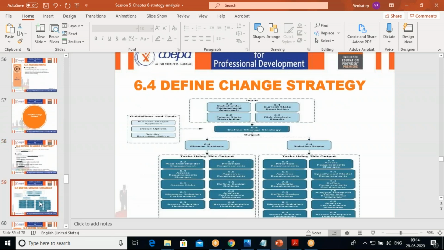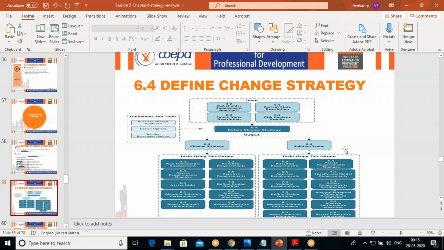Okay, and then if you see define change strategy, the inputs we are going to take are stakeholder engagement approach, current state description, future state description, and we have the risk analysis results. So those we take as inputs, and we are going to come up with two outputs.